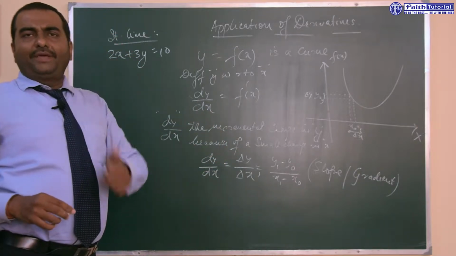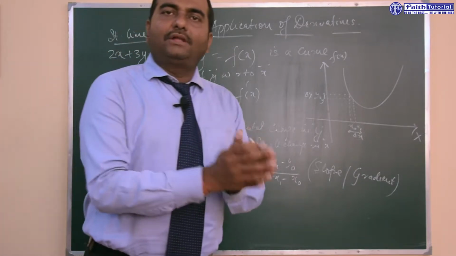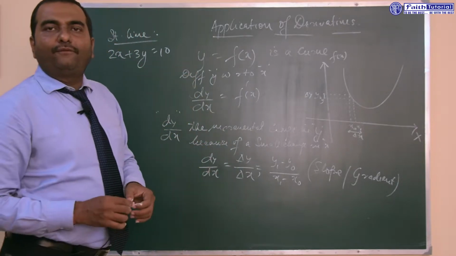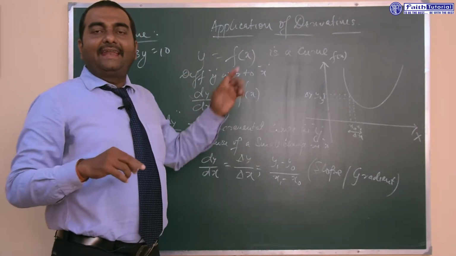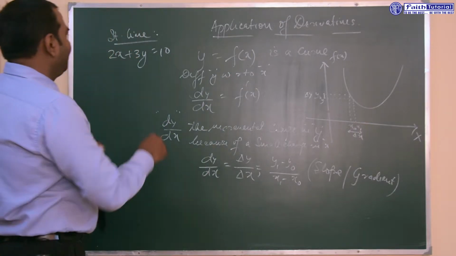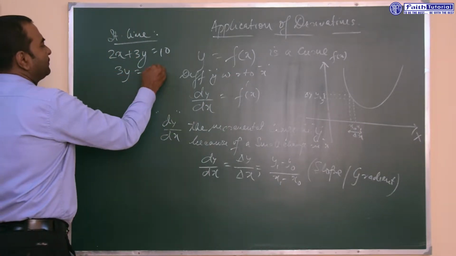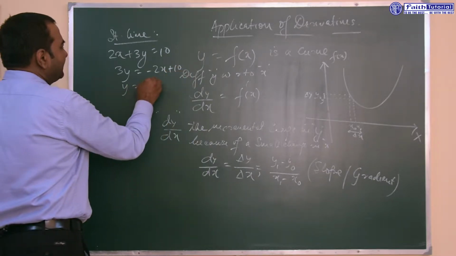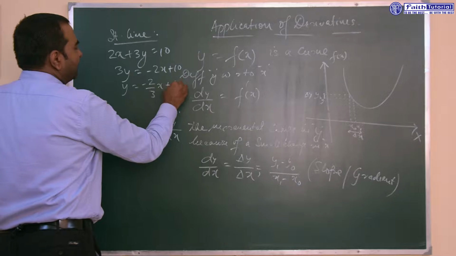Now there are two ways. One, by the simple concept of coordinate geometry. That means we express it in the form of y equals mx plus c, and m will denote the slope. So, can I write 3y equals minus 2x plus 10? So, y will be minus 2 by 3 x plus 10 by 3.